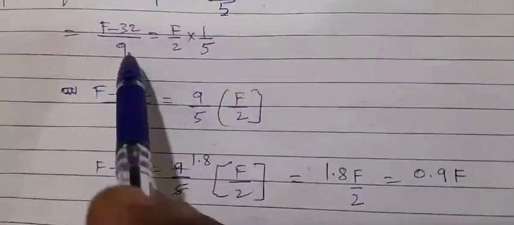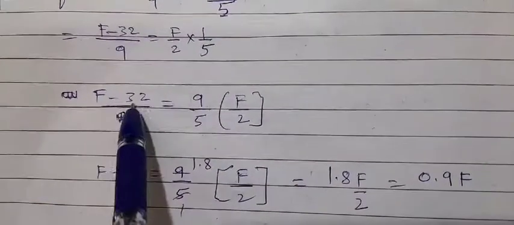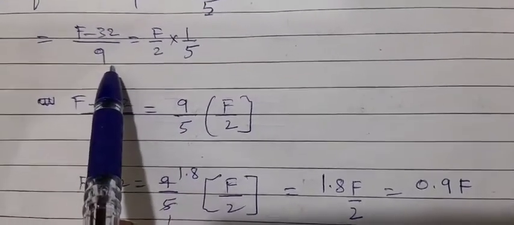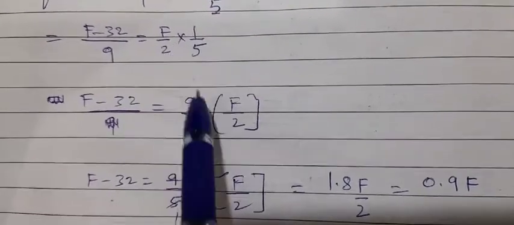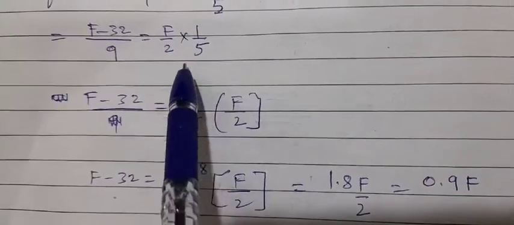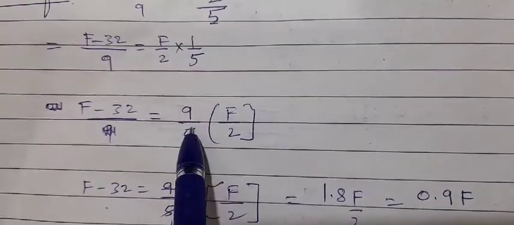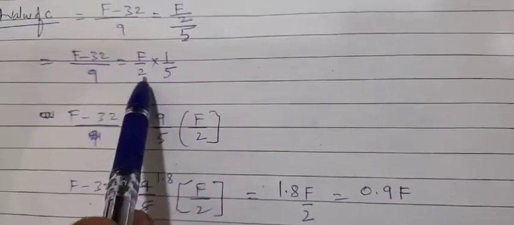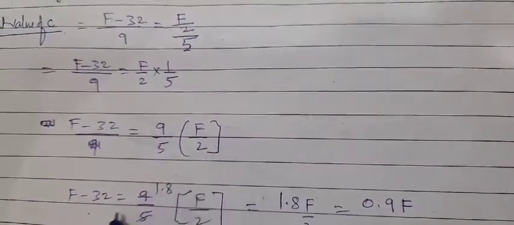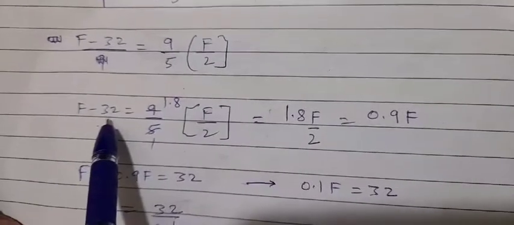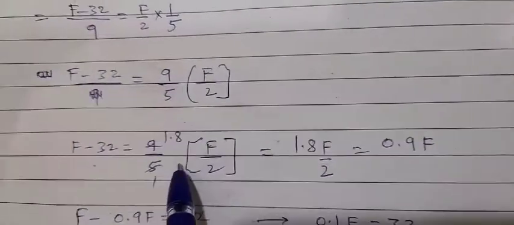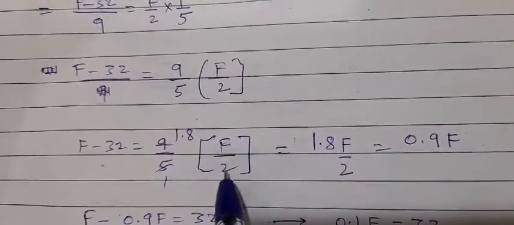Now further, F minus 32 is equal to 9 going to the other side, so it will come in the numerator, and this 5 will come down in the denominator, then F upon 2 as it is. Now F minus 32 is equal to 9 upon 5 into the bracket F upon 2.